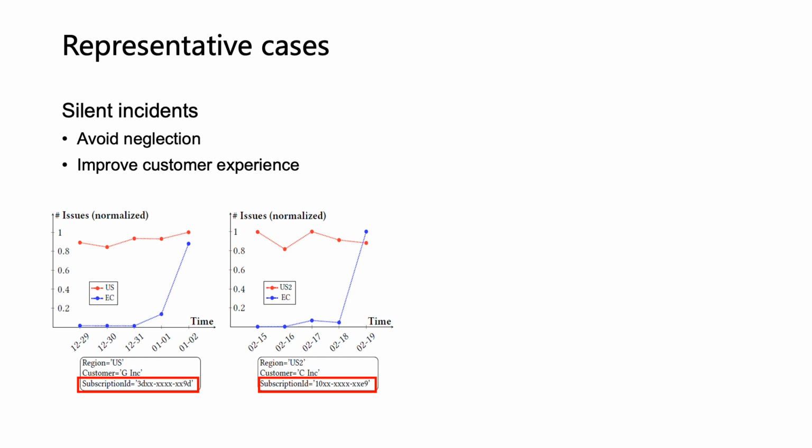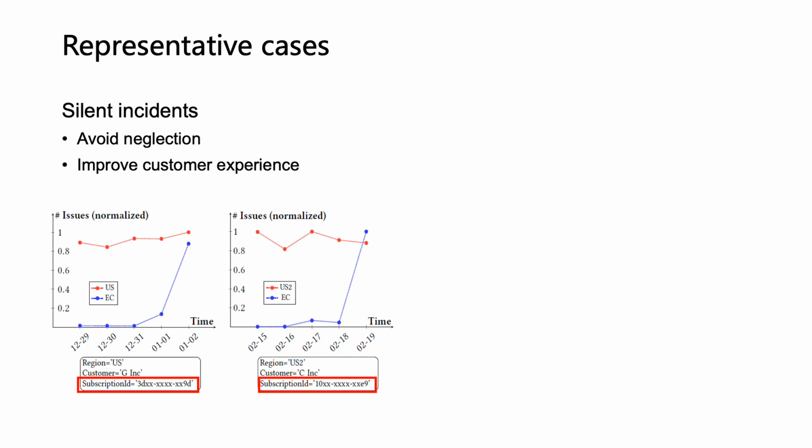Despite the improved efficiency, our approach also identified incidents that are difficult to identify using conventional approaches. We now show 2 representative cases. The first case is identifying silent incidents. The silent incident means the sudden burst is buried in noisy data and cannot be easily identified. For example, in these 2 figures, the top-level curves shown as the red lines are quite flat.